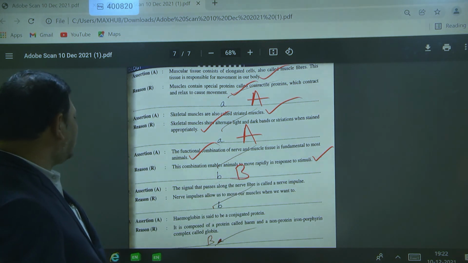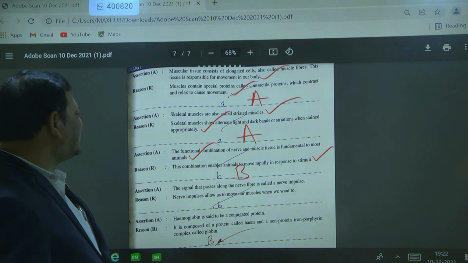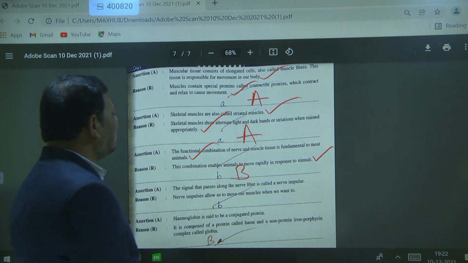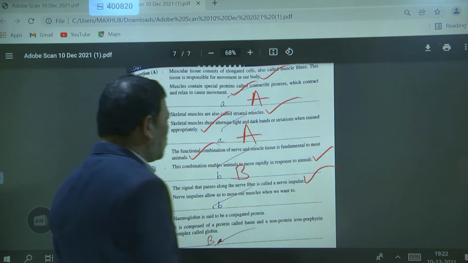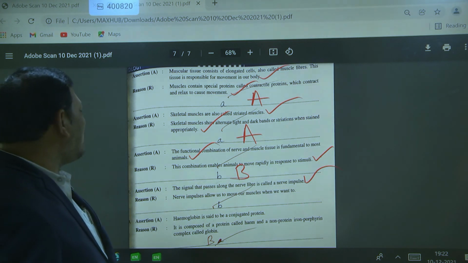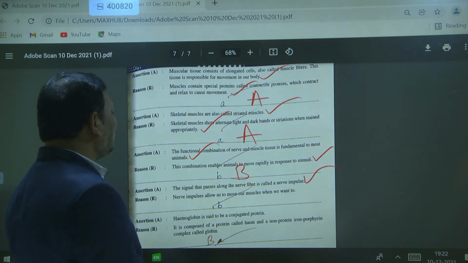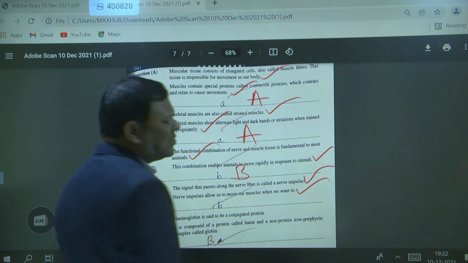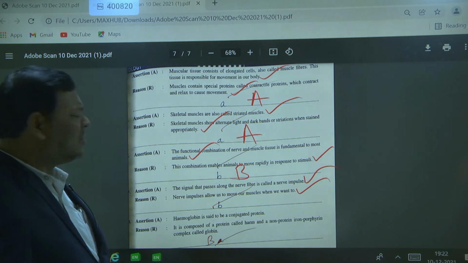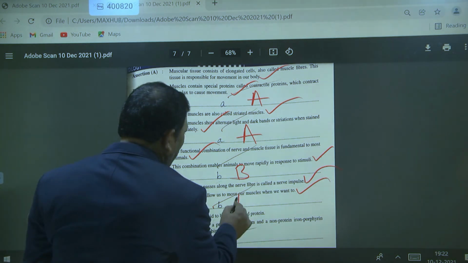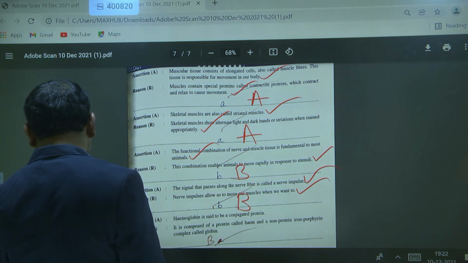Next, the signal that passes along the nerve fiber is called a nerve impulse. This is true. Nerve impulses allow us to move our muscles when we want to. This is also true, but it is not the correct explanation. So that's why option B is the correct answer.